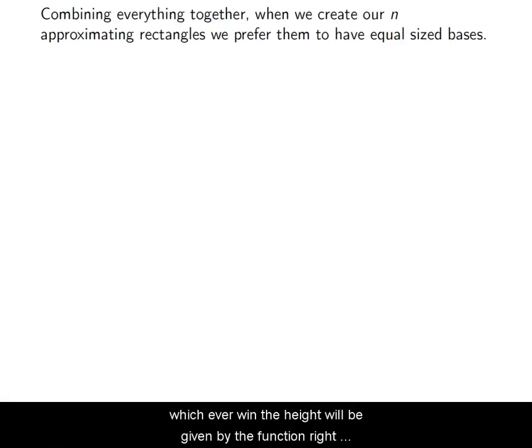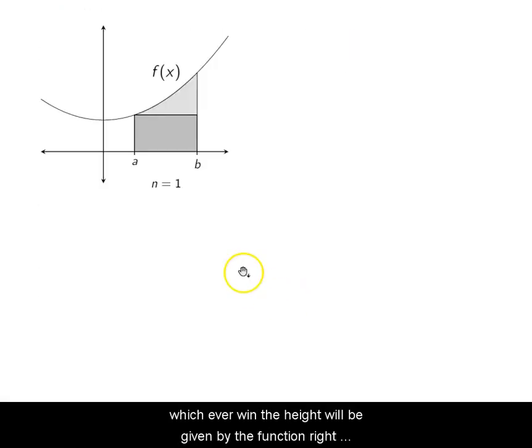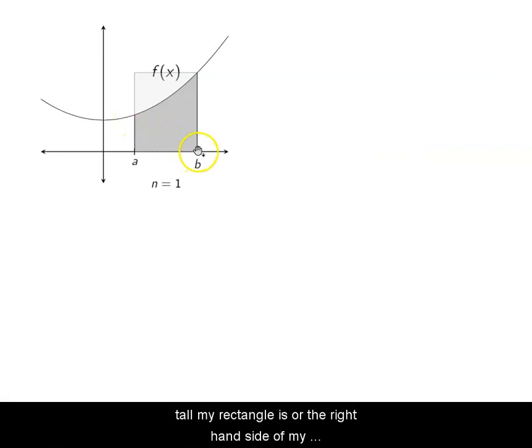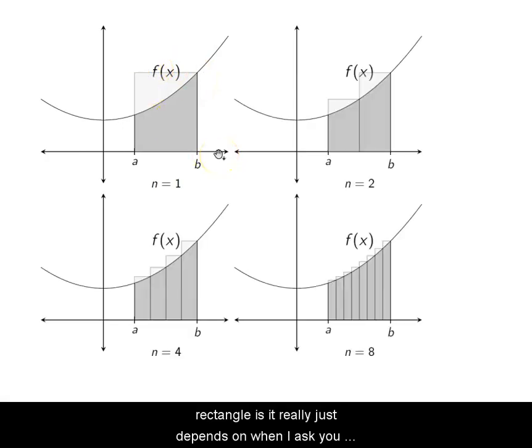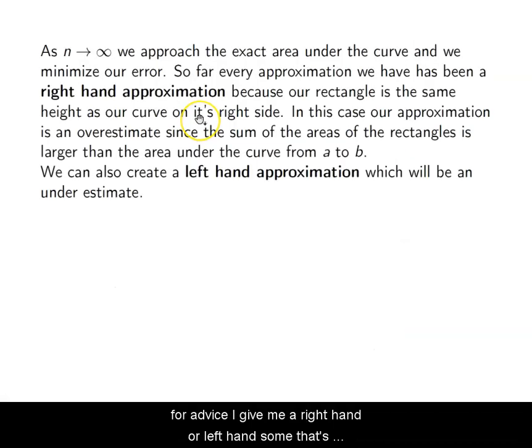The height will be given by the function, right? So either my left-hand side is how I'll determine how tall my rectangle is, or the right-hand side of my rectangle is. It really just depends on what I ask you for. If I say give me a right-hand sum or a left-hand sum, that's the difference, okay?